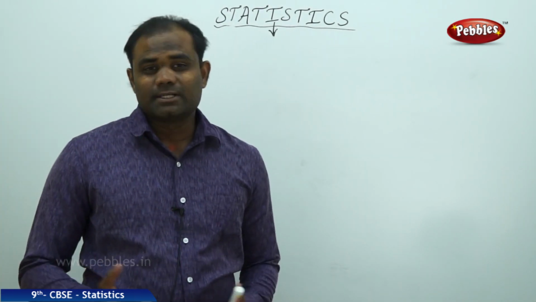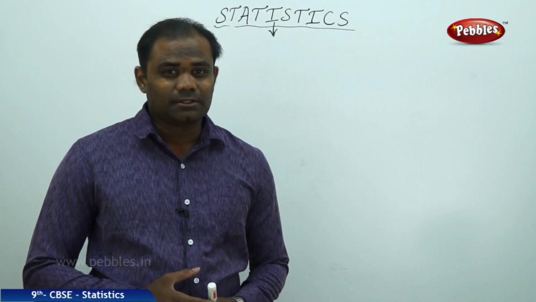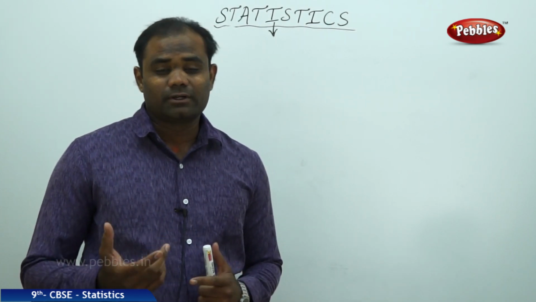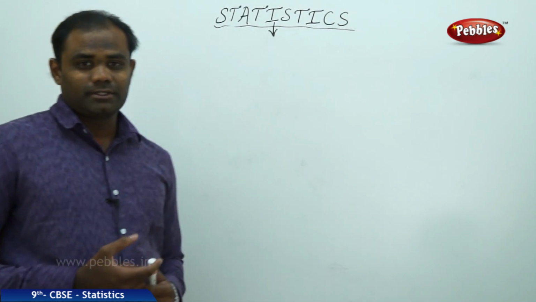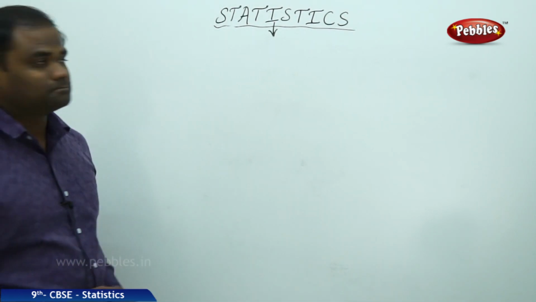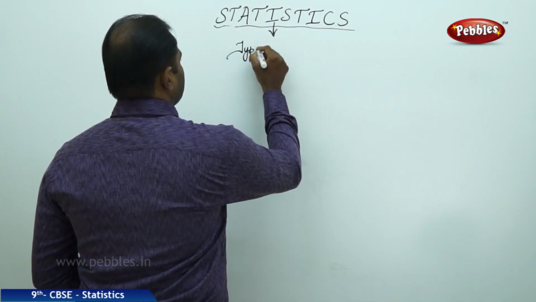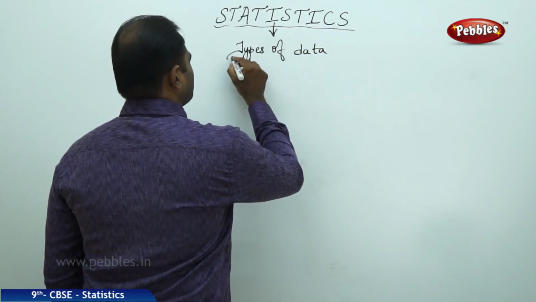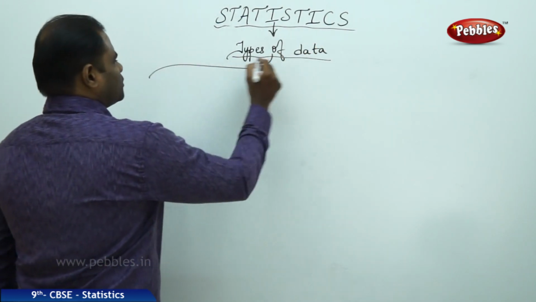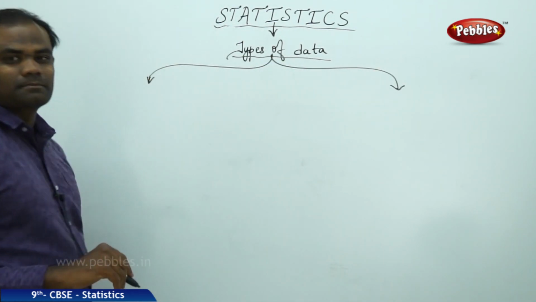Now that we have discussed data and its definition, let's see the different types of data which exist in mathematics. This session is about types of data. There are 2 types of data which we identify in the branch of mathematics.